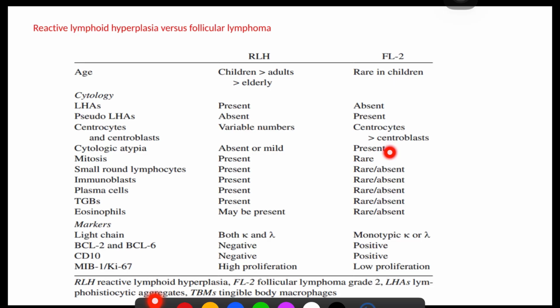Cytologically atypia is present, mitosis is rare, and immunoblasts, plasma cells, tingible body macrophages and eosinophils are rarely present or absent. In markers, it is monotypic: either kappa or lambda chain is present, not both. BCL2, BCL6 positive, CD10 positive, and Ki67 shows low proliferation.